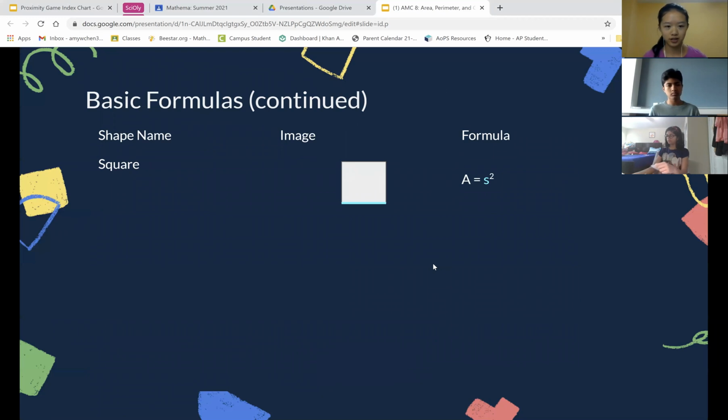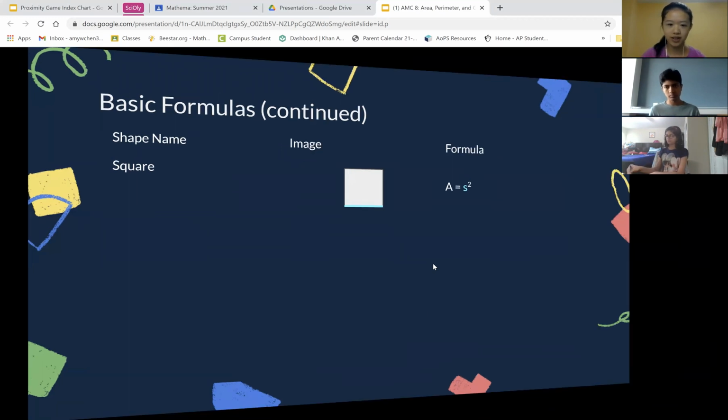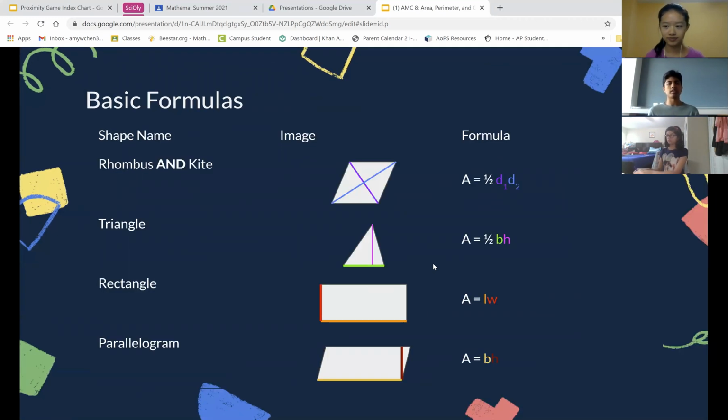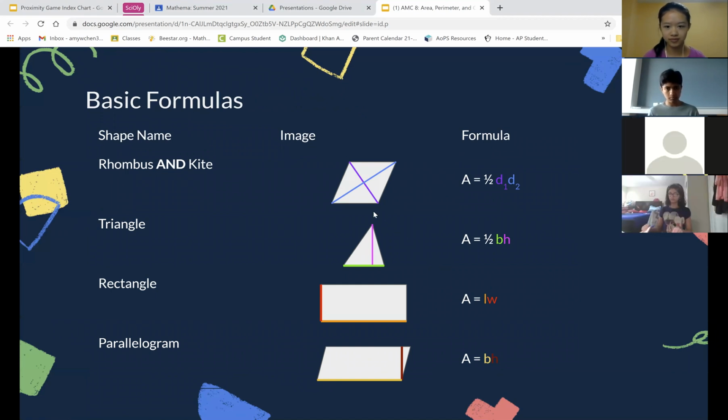Okay. Can you go back to the previous slide for 1 second? Okay, yeah, sure. Thank you. For a rhombus, can you do base times height as well? No. Actually, yes. Well, for some, because a rhombus is a parallelogram, but you can't do that for a kite because a kite is not a parallelogram. It depends. So if it's a rhombus, then yes.